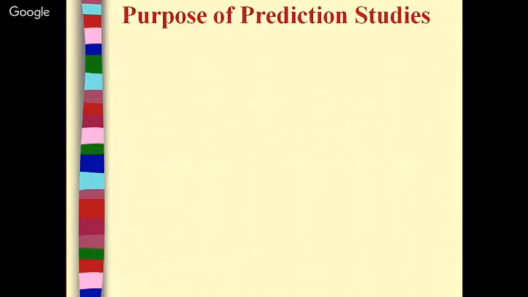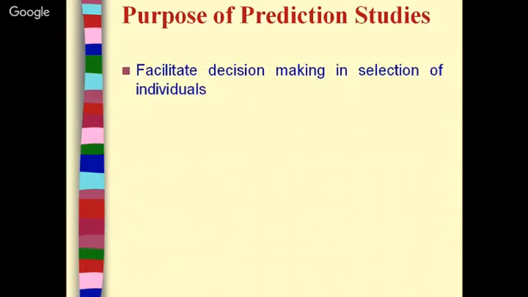The purpose of such studies is to facilitate decision making in the selection of individuals. Right in the beginning, in my very second slide, when I asked, some among you said that we make such predictions to take decisions about the recruitment of the right type of people for the industry, or admission of the right type of students in the institution.